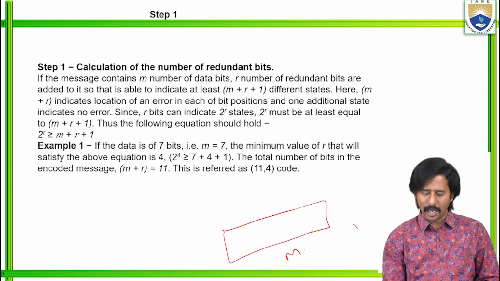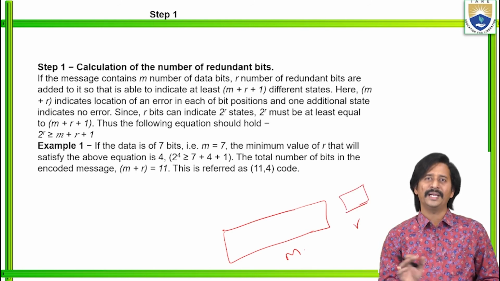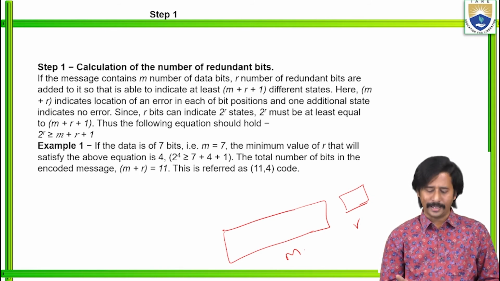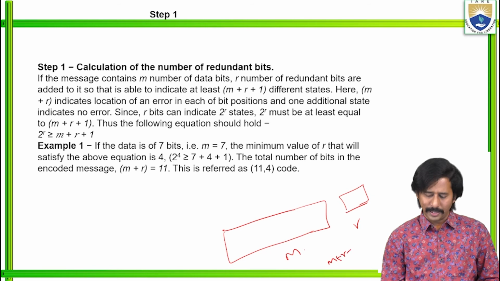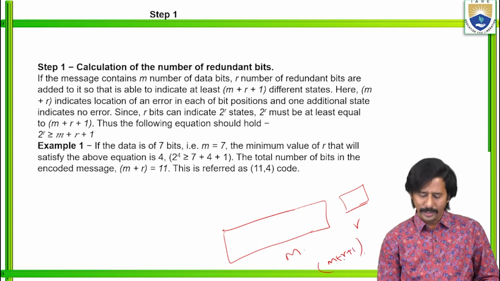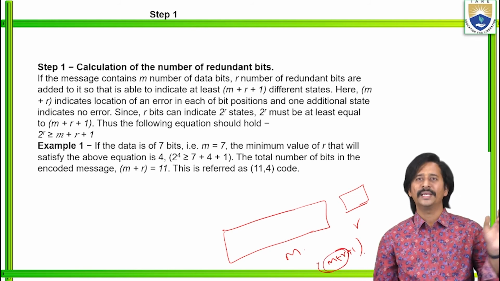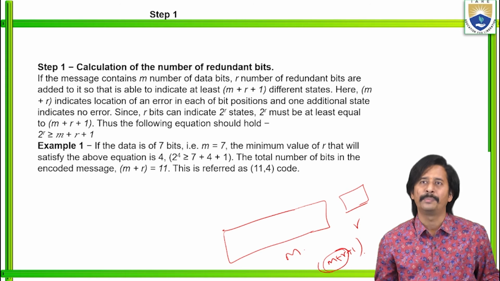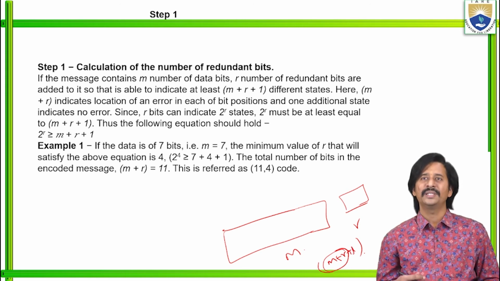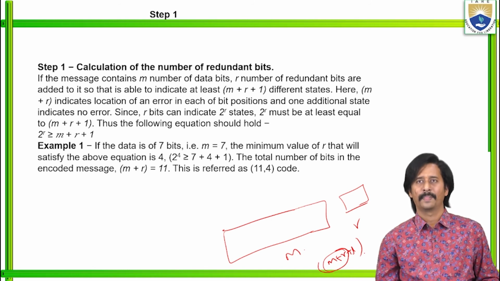Similarly, r number of redundant bits are added to the original data, so that it is able to indicate at least m plus r plus 1 different states. Here this m plus r indicates the location of an error in each and every bit position, and the additional plus 1 state indicates no error, right?